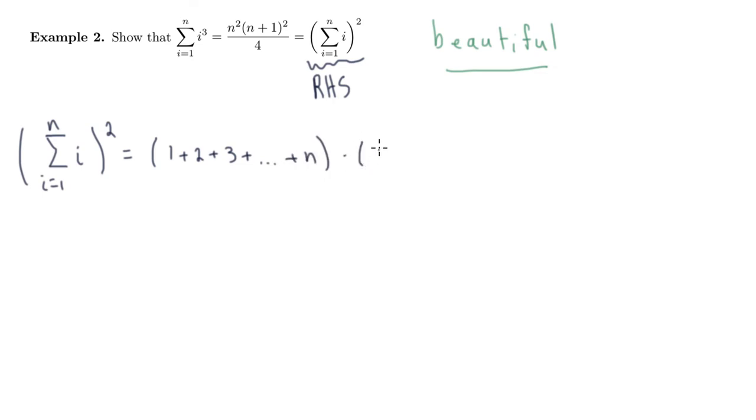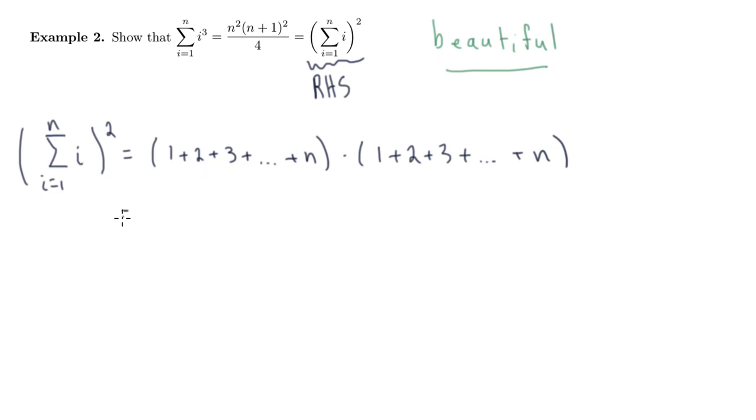Okay, so 1 plus 2 plus 3 plus... So we're just squaring this, which, because each one of these things is equal to n times n plus 1 over 2, their product will be n squared times n plus 1 squared over 4.